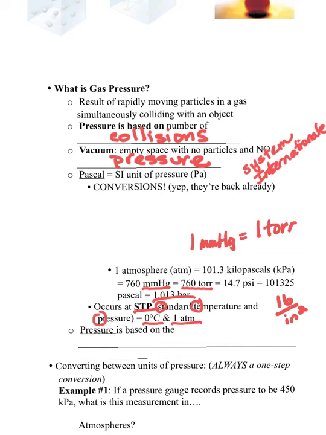Pressure is based on the number of collisions. So if you imagine the gases colliding with the wall, and if you think of physics, it's dealing with the force exerted over a given area.